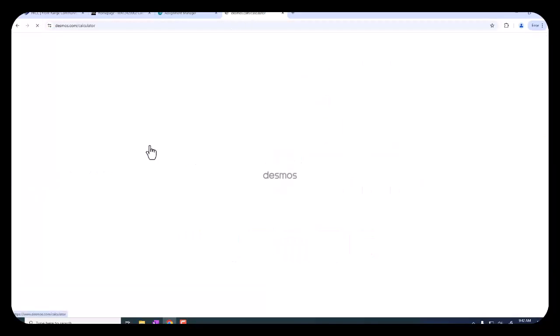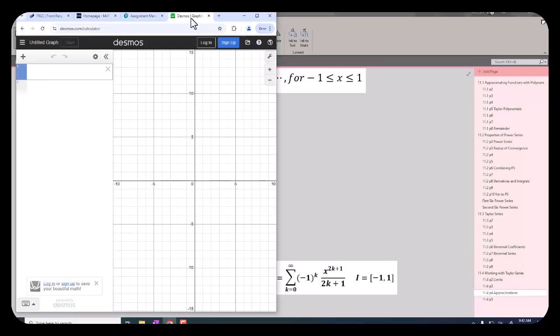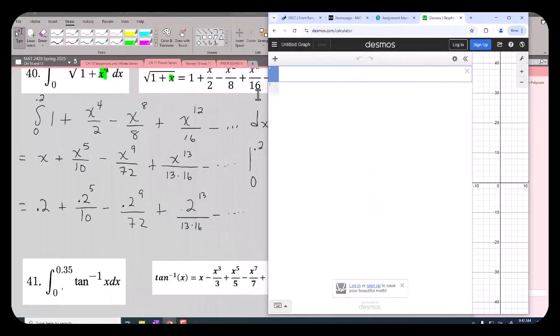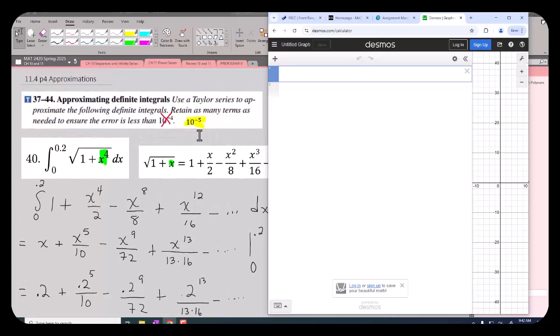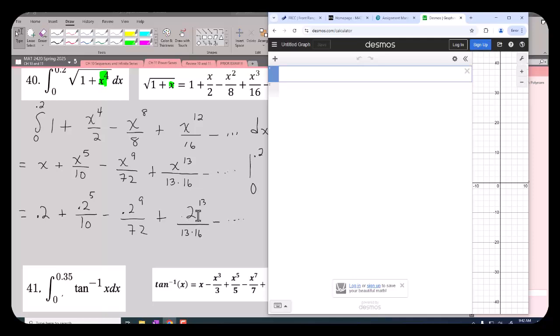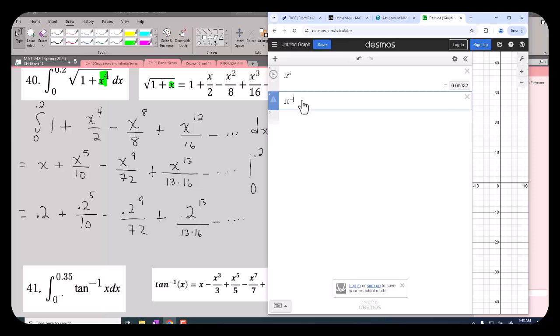So we know how to do alternating series. With alternating series, we look at the first unused term. So our goal here is to have an error less than 10 to the negative 5. So we want to figure out what term is less than 10 to the negative 5. So if we plug in, let's try 0.2 to the 5th first. Is that less than 10 to the negative 5?